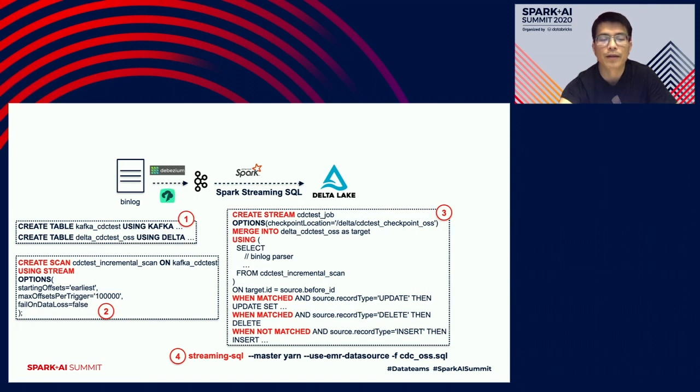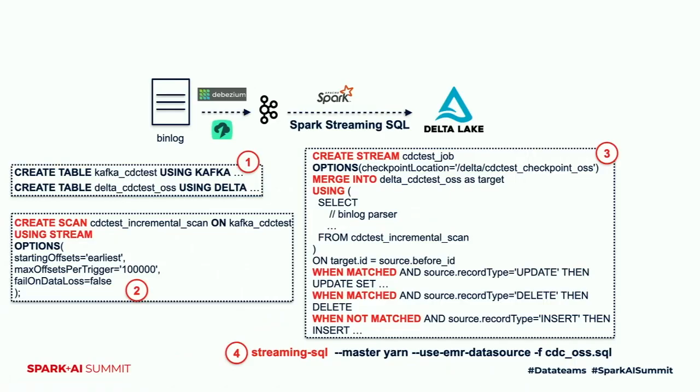Then we can use SparkStreaming SQL to consume the binlog from Kafka and parse the binlog to get the row record data and the operation type of this record, like insert, update, or delete. Then we can merge this parsed record data to Data Lake. Here is an example to show how to use SparkStreaming SQL to build the pipeline step by step.